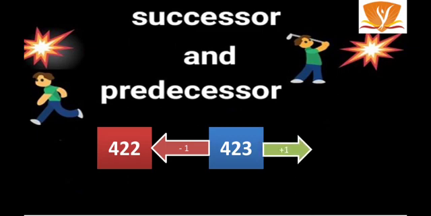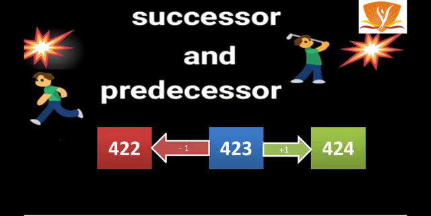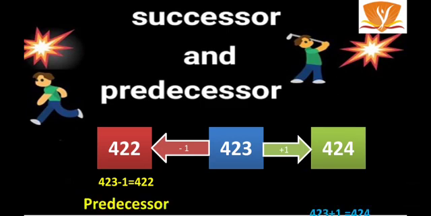Yes, by adding 1 to the number 423. That is 423 plus 1 equals 424. So, here 422 is the predecessor of 423 and the number 424 is the successor of 423.